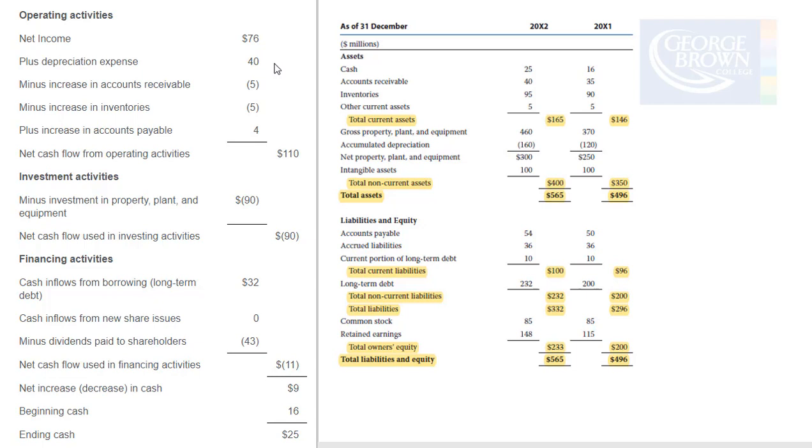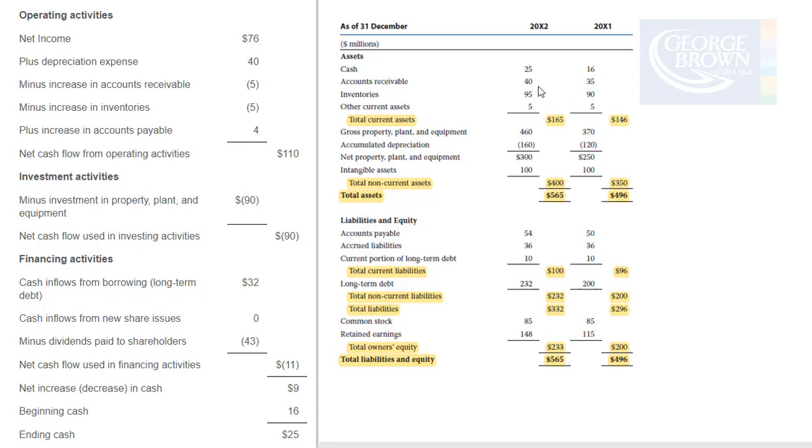We add back the depreciation expense. And again, we're talking about operating activities. So what are some of the operating activities? Well, it's selling and collecting accounts receivables, buying inventory and selling it, accounts payable, etc. With regards to the operating activities, we start with net income, add back the depreciation expense, and then we look, accounts receivable increased from 20X1 to 20X2.